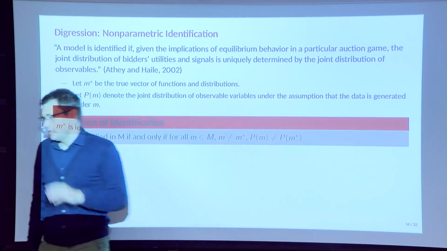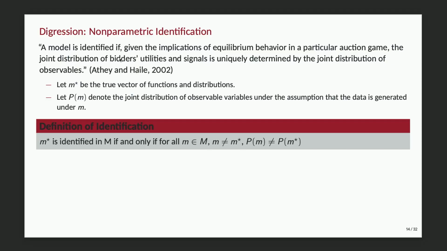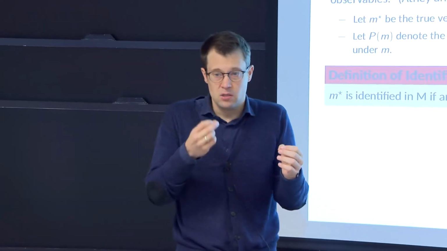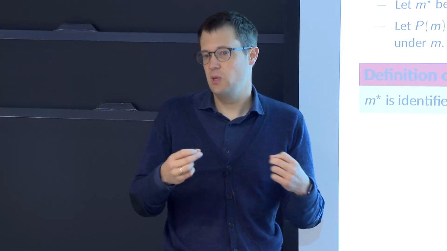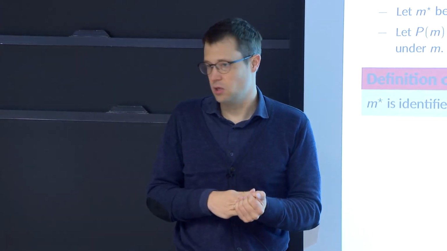What is important here is that we typically do this under the assumption that we have an infinite amount of data. This is not something where we are worried about small sample properties. This is really the ideal case. Sometimes it might be rare events that tell two models apart. Here we're assuming we have these rare events that allow us to tell the two models apart.